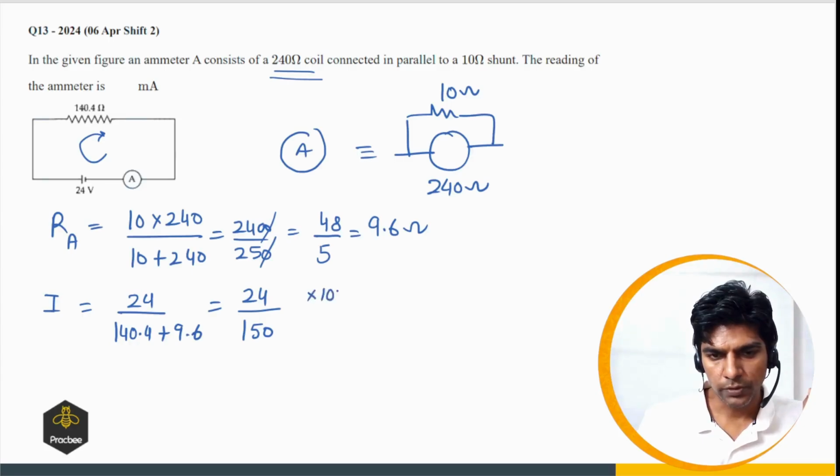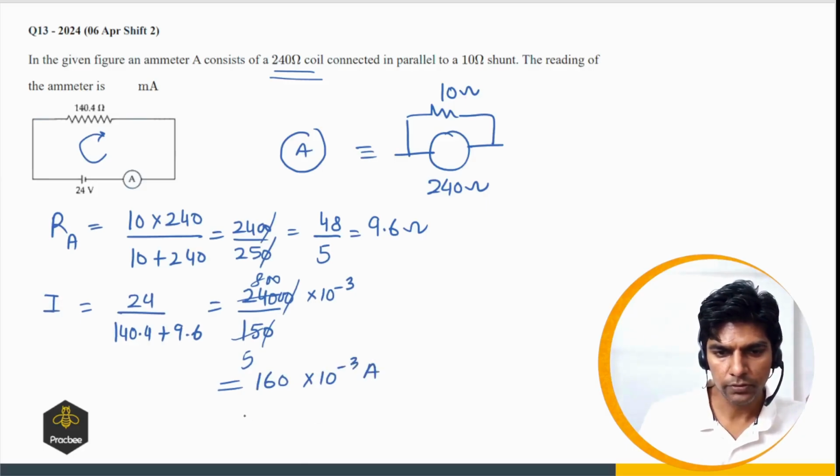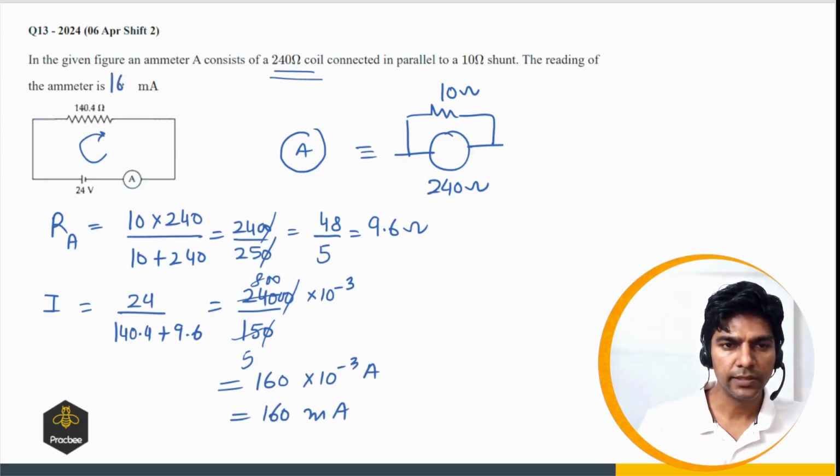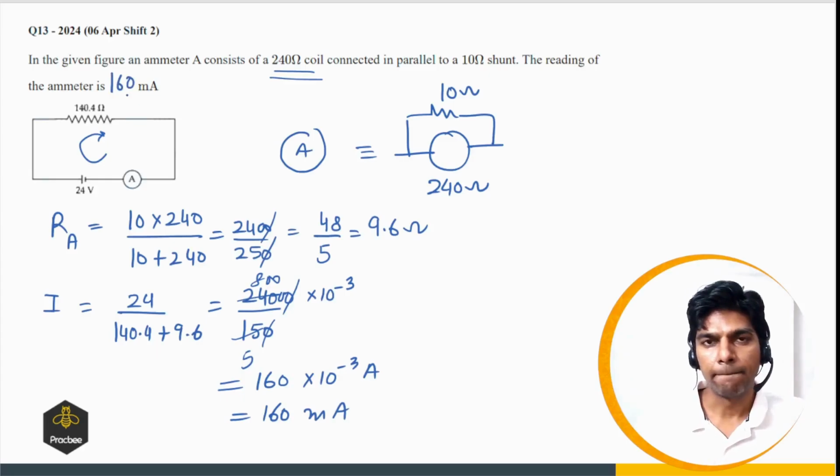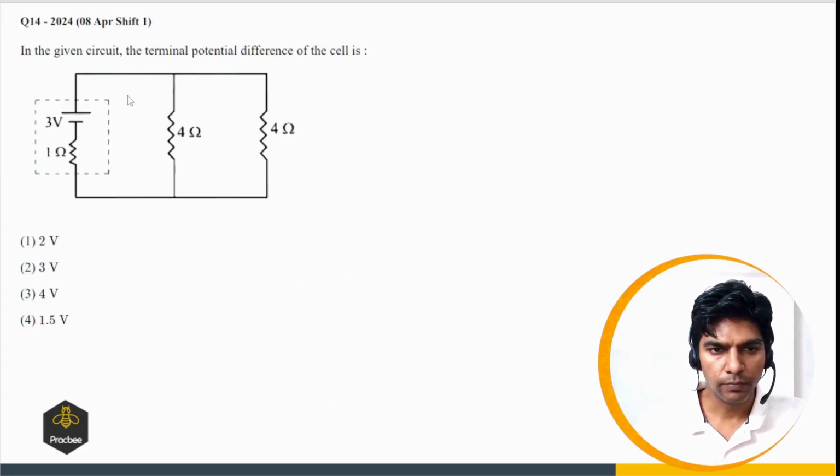So 10 raised to power minus 3 times 10 raised to power 3, and it will be 160 into 10 raised to power minus 3 ampere. So the answer will be 160 milliampere. So 160 is the answer of this question, right? Now let us see the next problem.